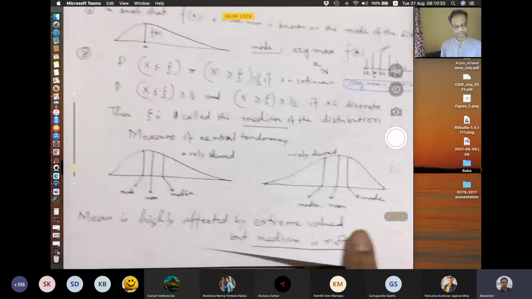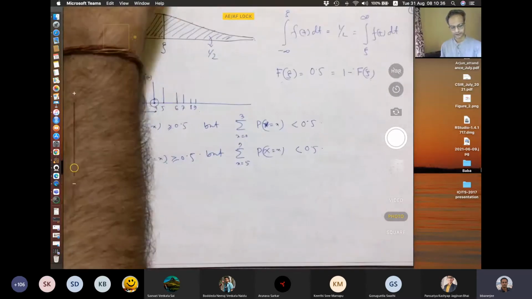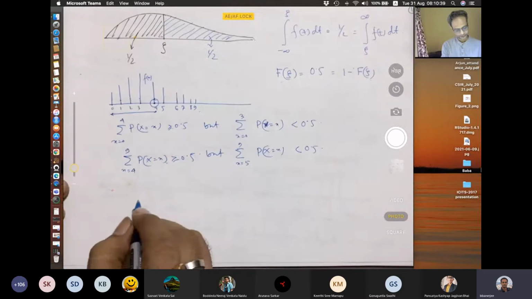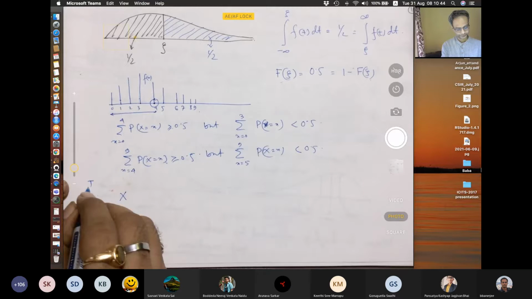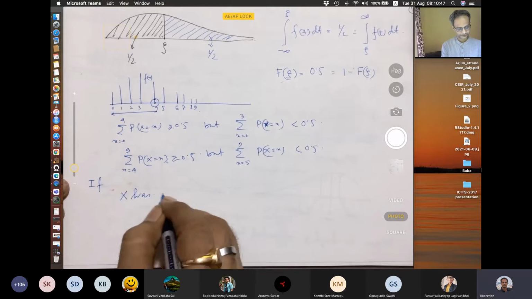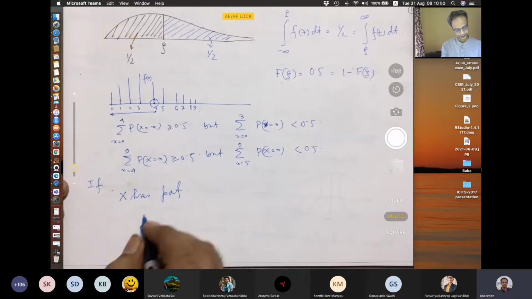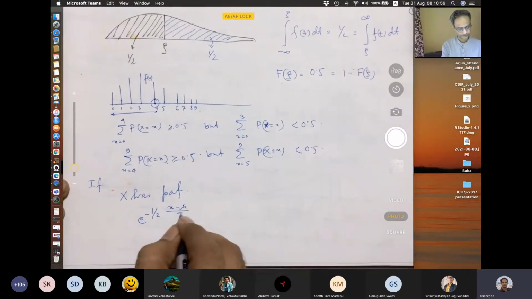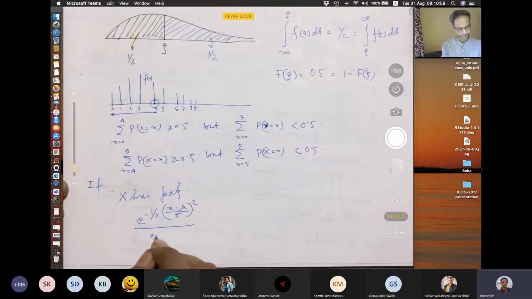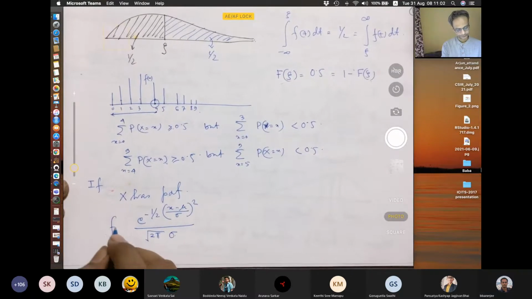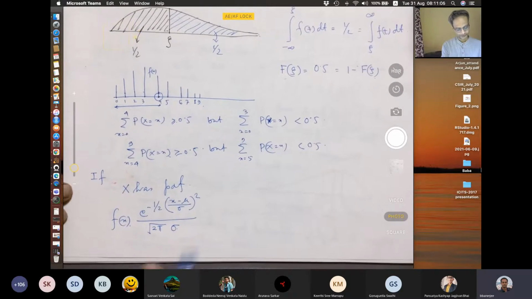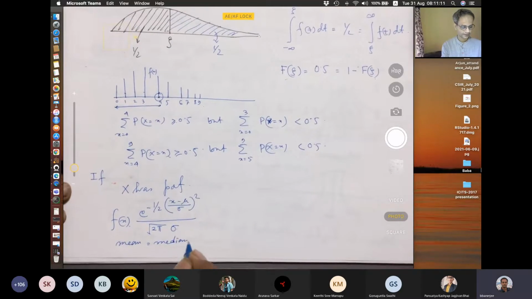So for example, you can see that these are two nice distributions. If X has PDF e to the power minus half ((x minus mu) by sigma) whole square, divided by root 2 pi sigma, then mean, median, and mode are the same.